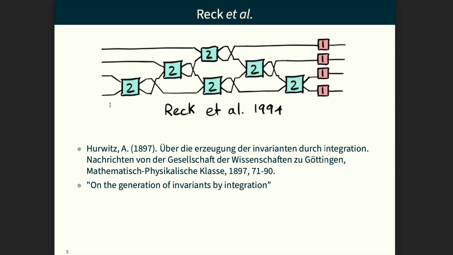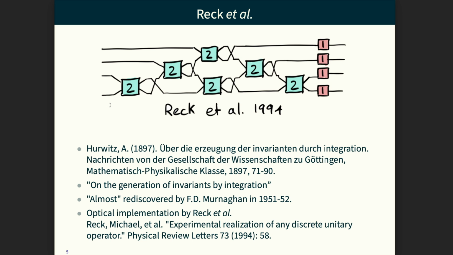It looks like they did not know this work by Hurwitz, 1897, but they came up with this optical implementation of this. And Reck et al. cite instead Murnaghan, who kind of rediscovered the work by Hurwitz. And I think this is a really nice paper. You should read it. It's very, very nice.